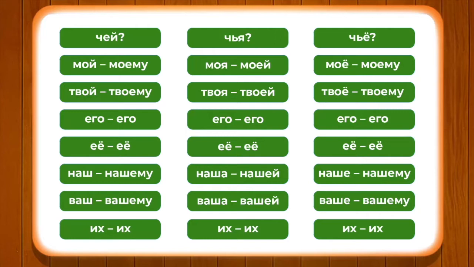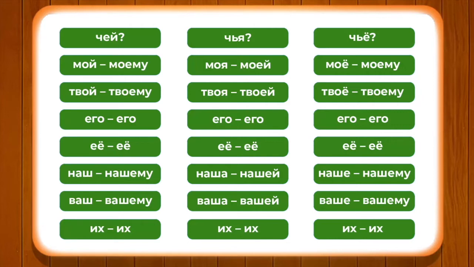For neuter gender, mayo changes into maemu, twayo changes into twaemu, yivo remains yivo, io remains io, nashe changes into nashemu, vashe changes into vashemu, and ik remains ik. So, yivo, io and ik remain the same in all three genders of the possessive pronouns. I hope the concept is clear.